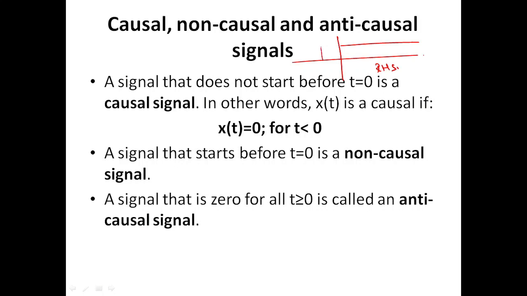If the signal starts at t or n equal to 0 or positive values, then it is causal. Any signal which starts at negative values of t or n, anywhere in the negative time domain, is called non-causal. And anti-causal is the opposite thing: it would start in the positive domain and then continue in the negative domain. Those signals are called anti-causal signals.